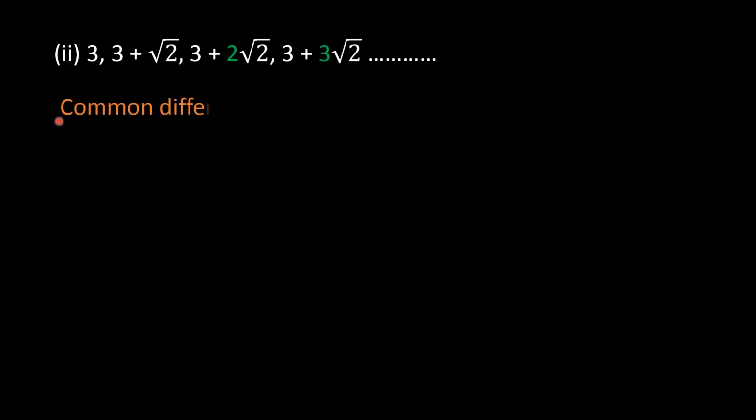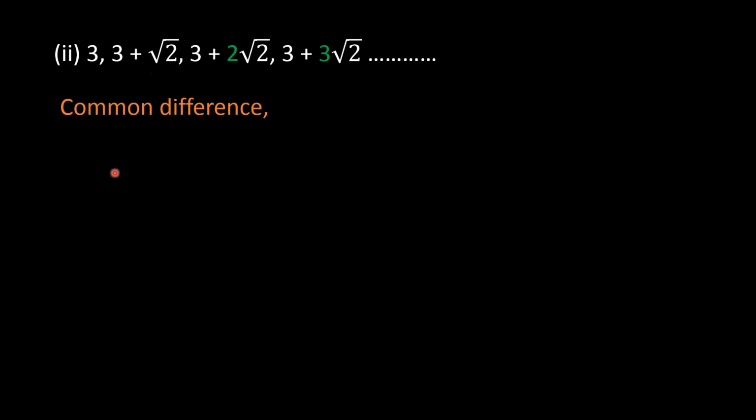The next list of numbers is 3, 3 plus root 2, 3 plus 2 root 2, 3 plus 3 root 2, and so on. Here, for finding the common difference, we will use 3 pairs of successive terms.